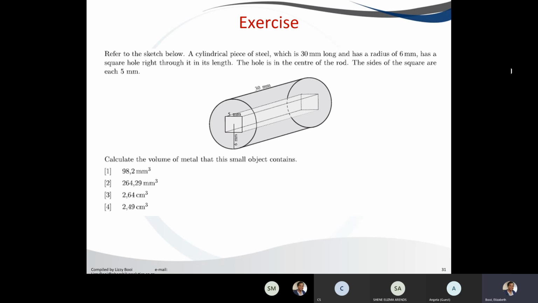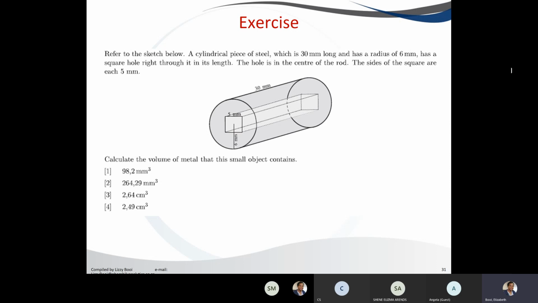We can calculate what the height is of the white shaded area inside. So now the question is, calculate the volume of the metal that this small object contains.